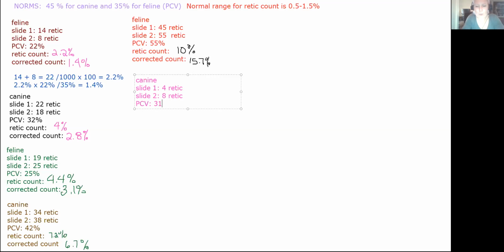31%, which means your reticulocyte count. Oops. My mouse decided to jump all over. Retic count. Corrected count.